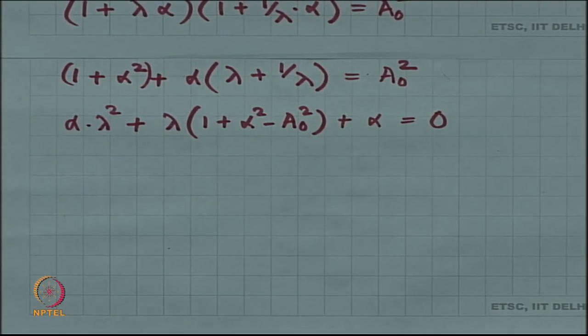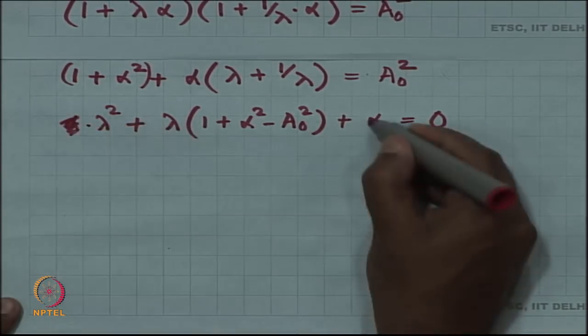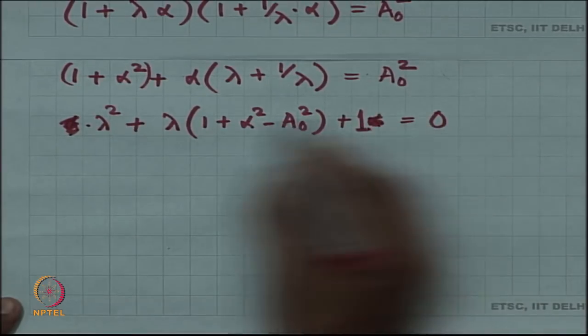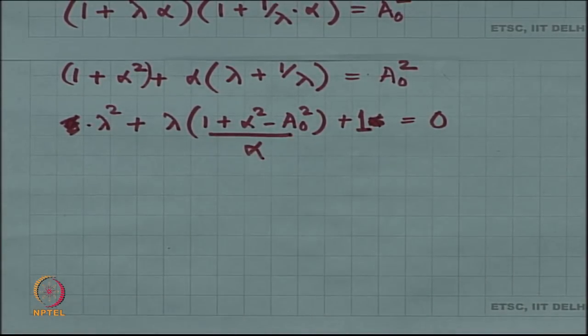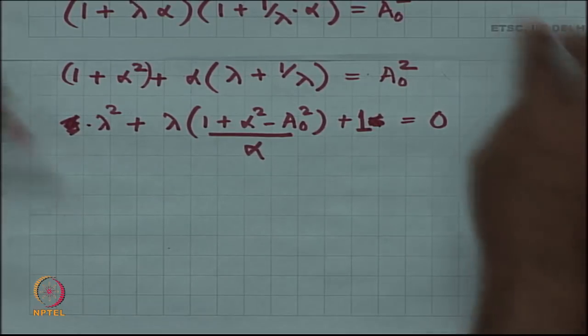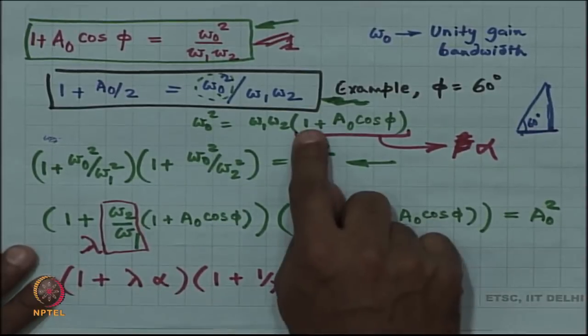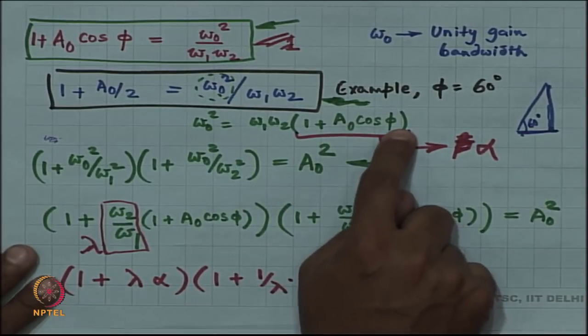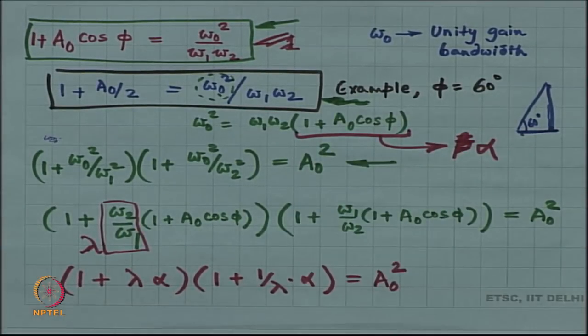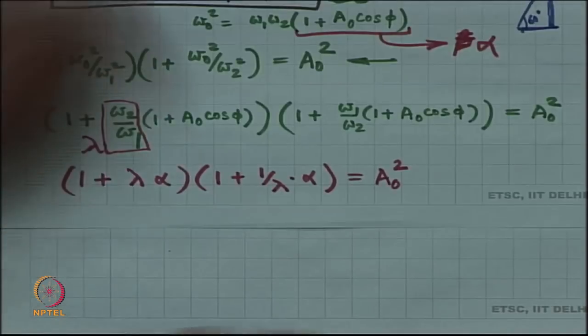And you can make yet another simplification. You can divide the entire equation by alpha. So, this goes away, this becomes a 1 and this gets divided by alpha. Alpha is some constant. What is alpha? 1 plus a naught cos phi. I know cos phi, I know a naught, alpha is a constant.